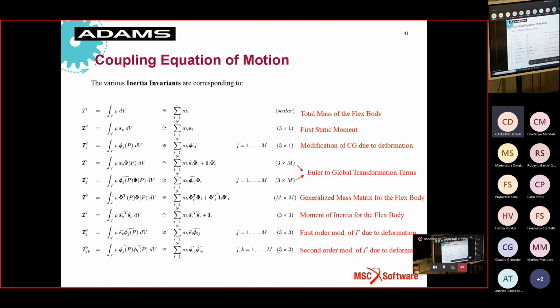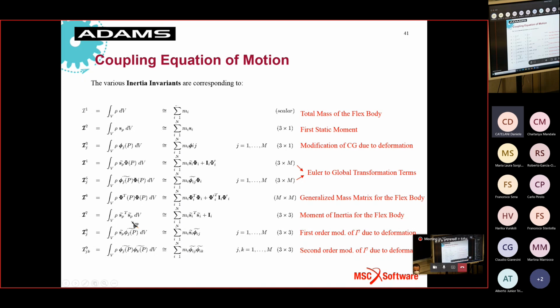efficiency. If you run a simulation in Adams in which you neglect the second order terms, probably you can get results in terms of seconds. When you introduce the second order terms, probably you need twice the time, sometimes 10 times the time, sometimes you need hours, depending on the complexity of the simulation.